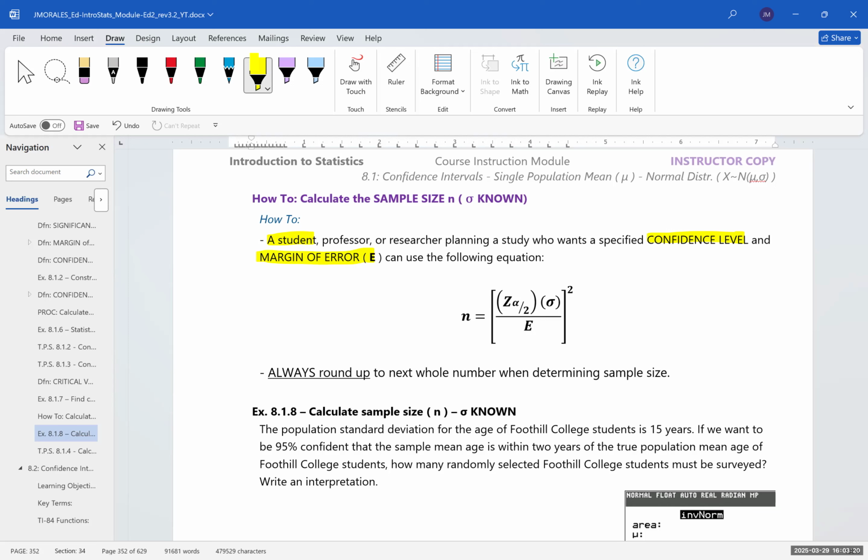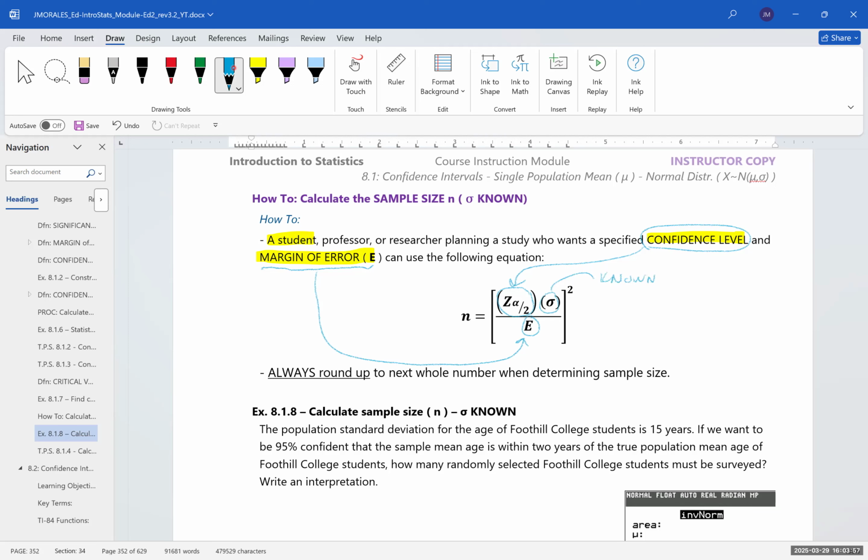If we know the confidence level, that will let us calculate a Z alpha/2 score. If we know the margin of error that we want, we can plug that in here. And the last bit of information we need is the population standard deviation. So this also has to be known.